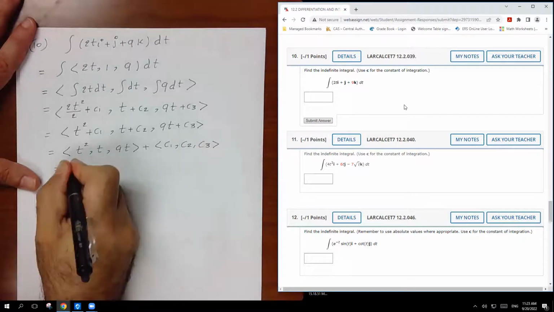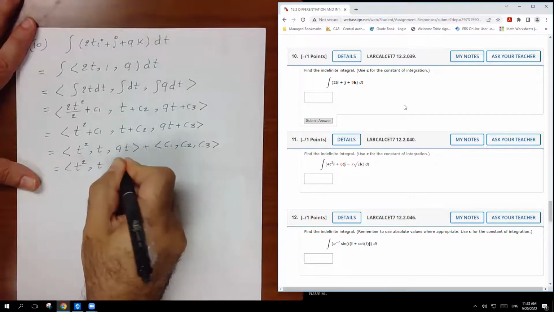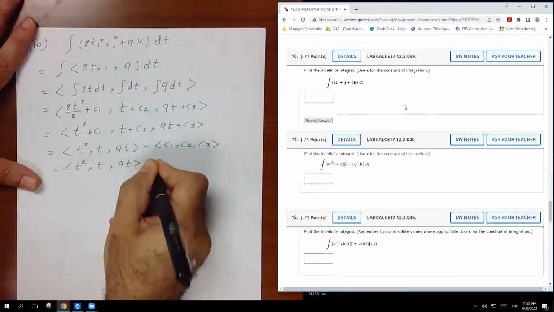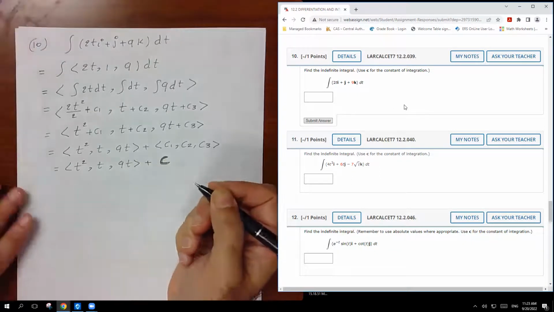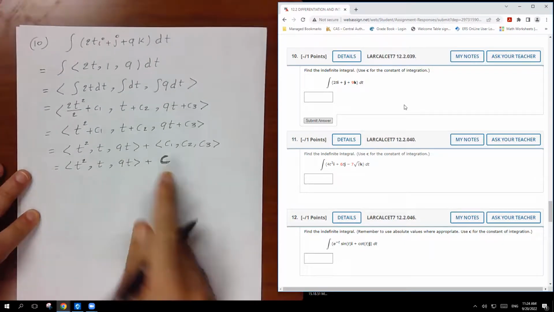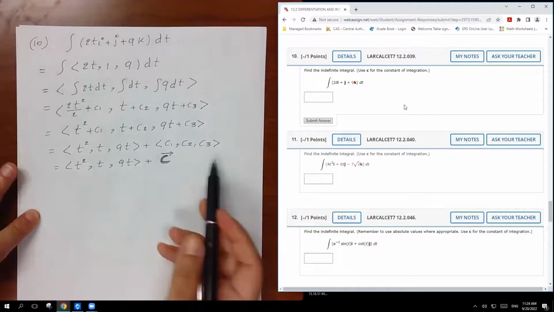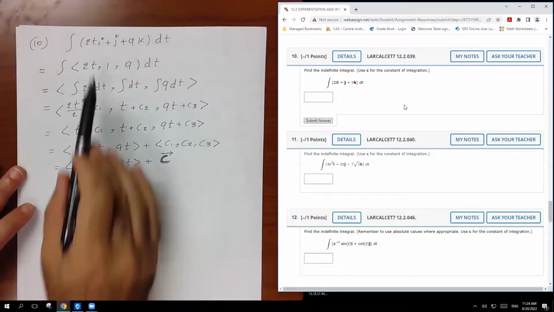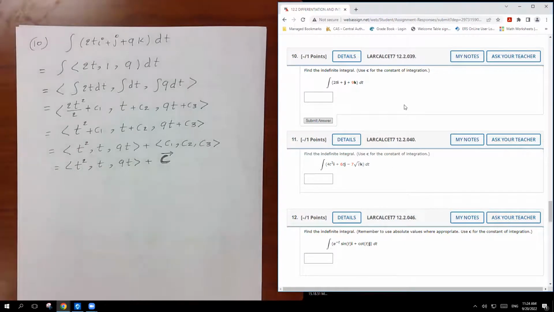So the result is t squared, t, 9t plus a bold c. That's what you're going to do on WebAssign as a vector. This is a vector c with the constants, and here is the integral for this function.